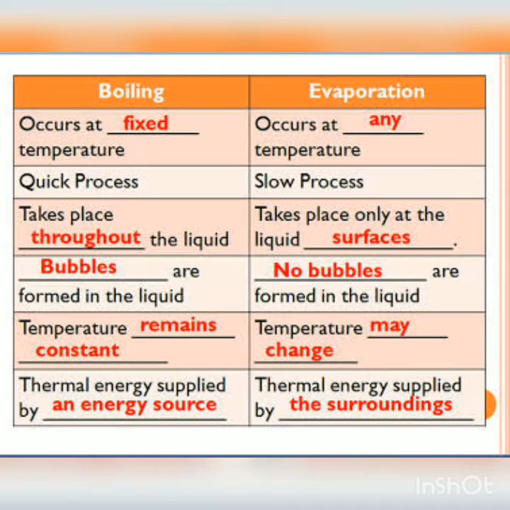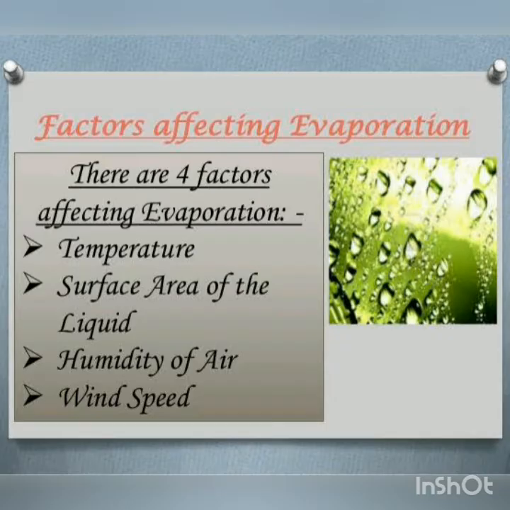Boiling is a very quick process as it includes all the molecules. But evaporation is a slow process as only the molecules present on the surface of the liquid are involved. There is a formation of bubbles during boiling, but there is no formation of bubbles during evaporation. Temperature remains constant during boiling, but during evaporation it changes.